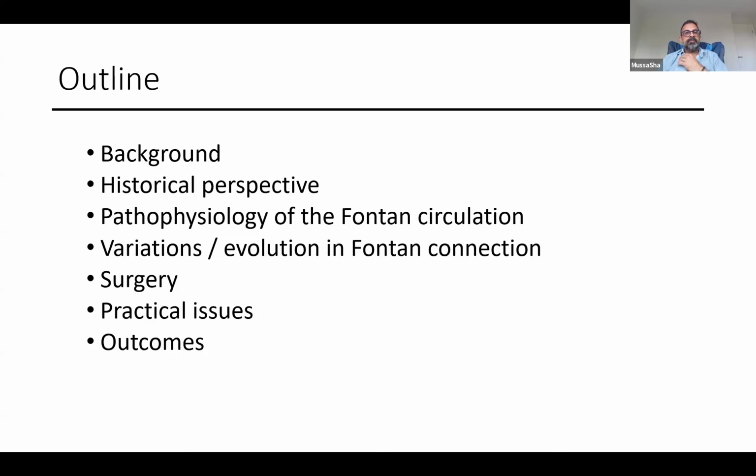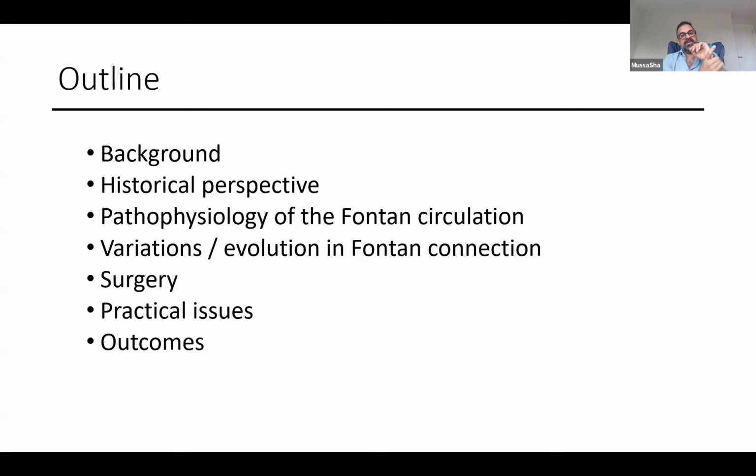And then we will carry on with the evolution of the Fontan connection and how we do the operation, and then we'll discuss some practical issues, and we'll finish off with outcomes.